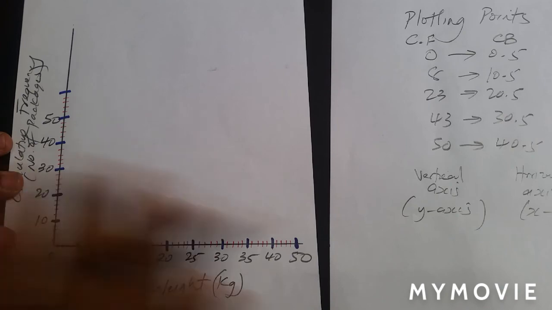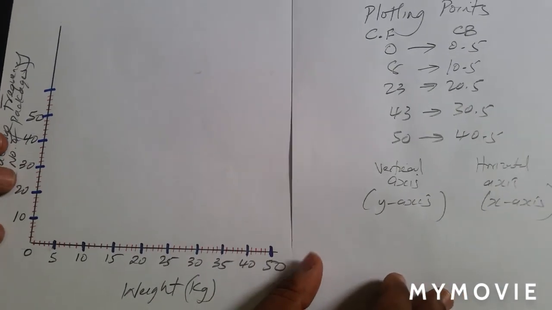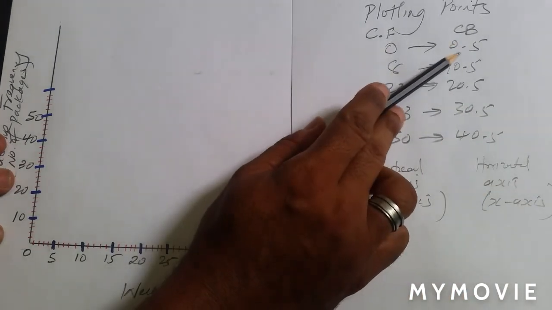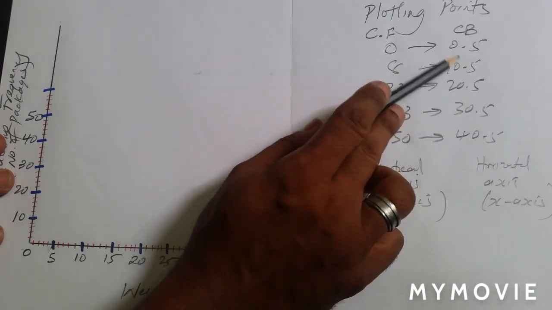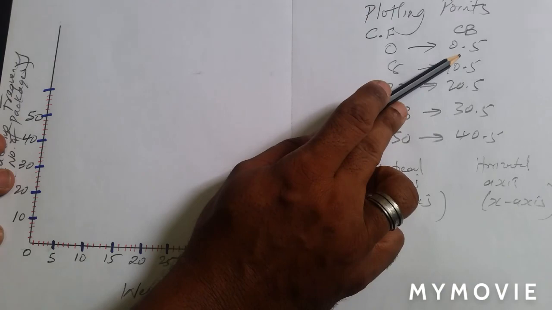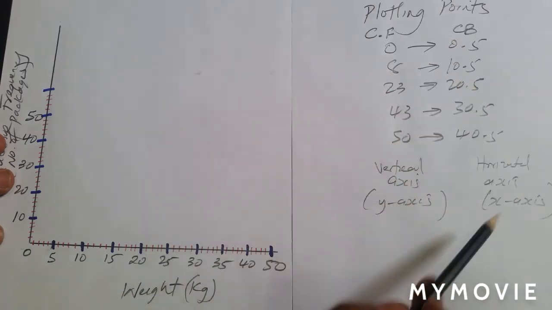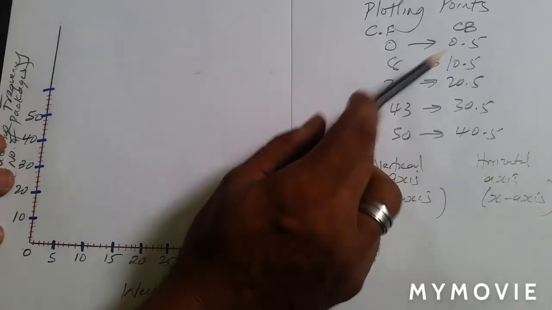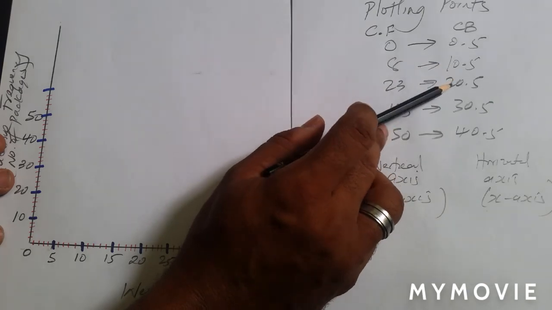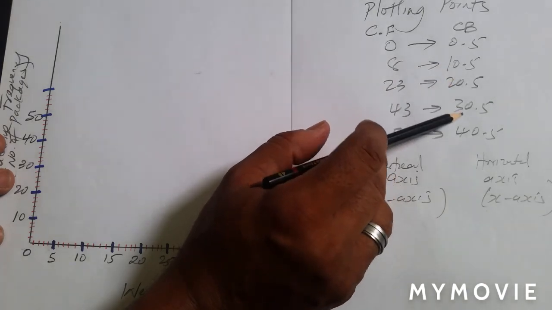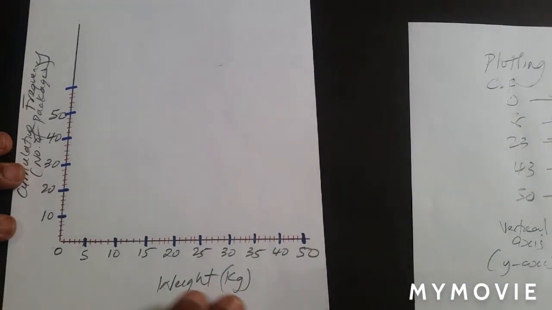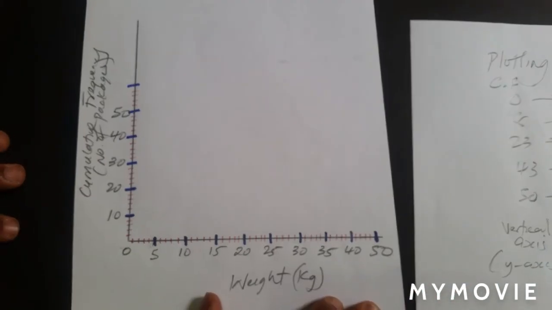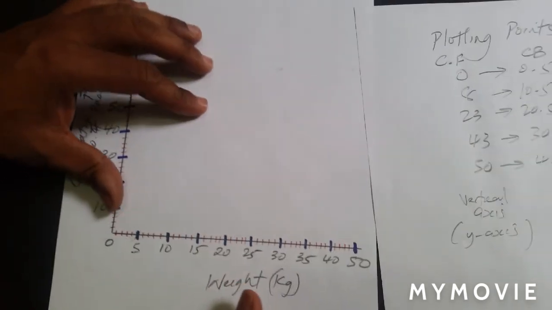So, before we do that, we have to locate these class boundaries, these values here, and that's where you can't make any mistake. You have to know exactly where 0.5 is, and remember, this is on the x-axis. So I'm going to have to find 0.5, 10.5, 20.5, 30.5, 40.5, etc. So let's look at this now. The first thing I need to find is 0.5.